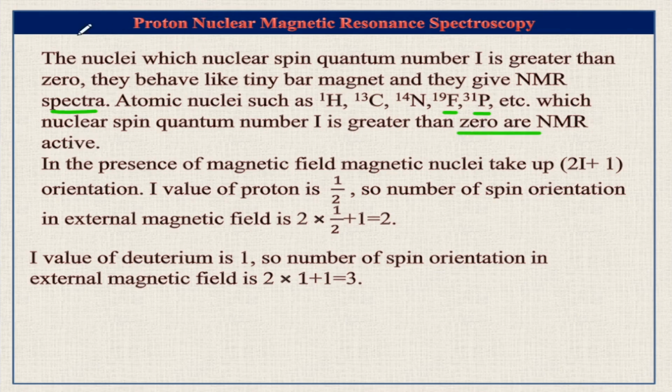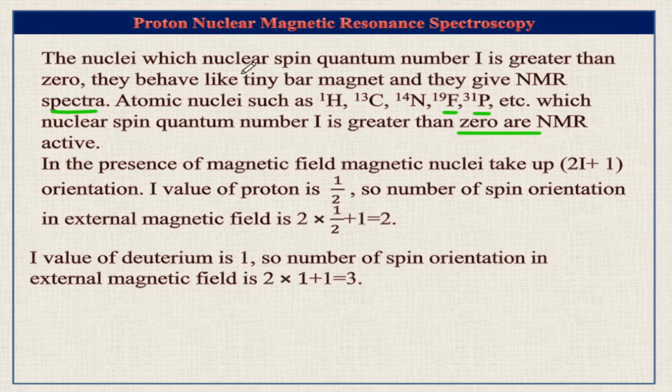So they are NMR active nuclei. And the atomic nuclei whose nuclear spin quantum number I is 0 are NMR inactive, meaning they do not give NMR spectra.